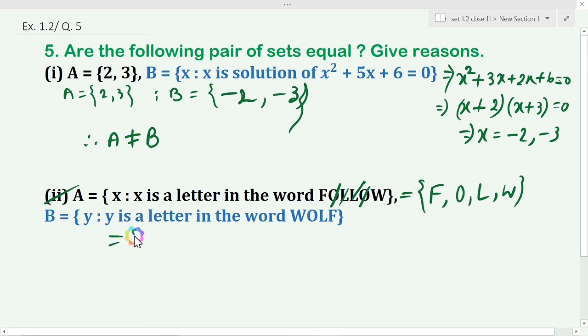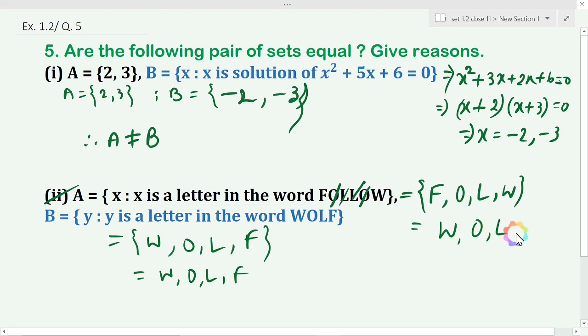Now set B, we can write it as Y are the elements of B, and Y is a letter in the word wolf, so the elements of B are W, O, L, F. Set A also contains the elements W, O, L and F in different order, but the same number.